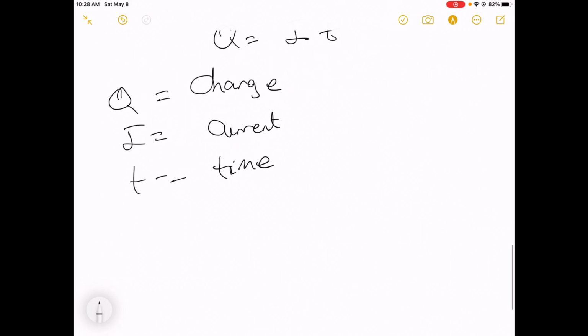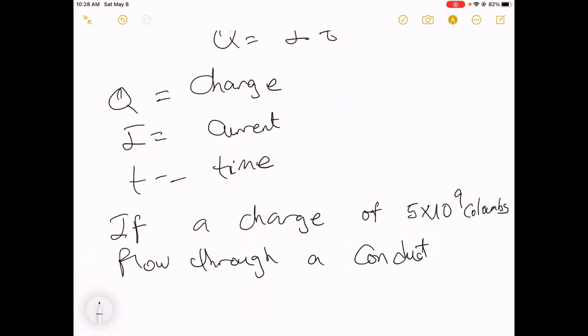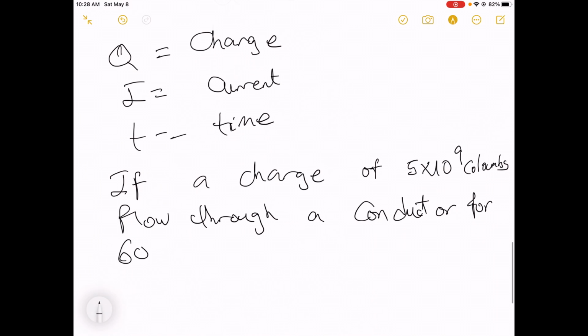Now for example, if I have a question that says if a charge of 5 times 10 raised to power 9 coulombs flows through a conductor for 60 seconds, find the current.